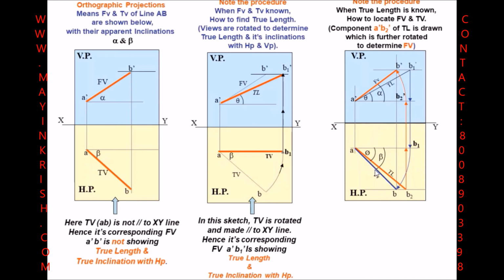Similarly, if we need to get the true length in the front view, then the false length of the top view has to be a straight line, and then the projection in the front view gives the true length. This was the second consideration, and the final consideration was that the projectors of a particular projection of the respective point ought to be straight lines.